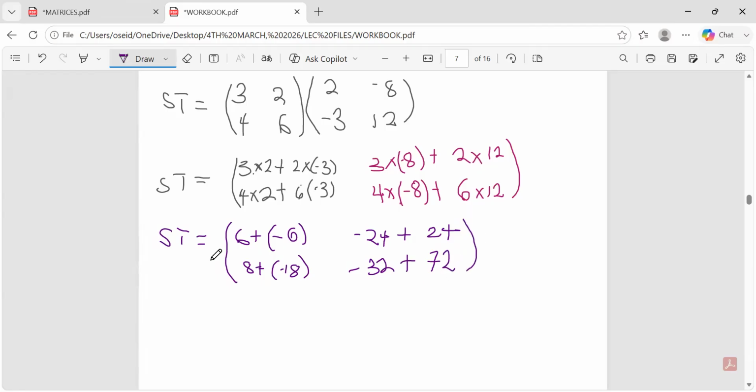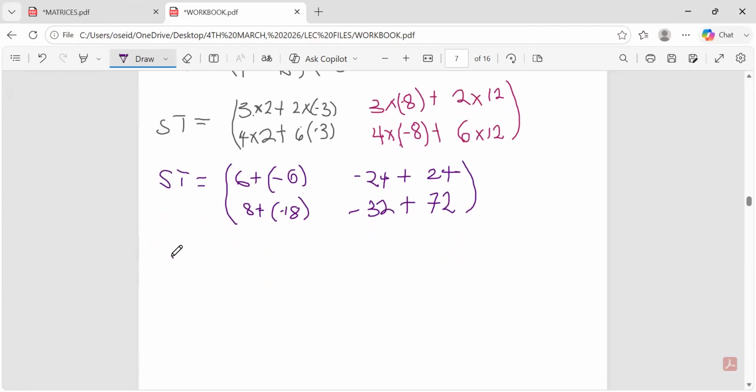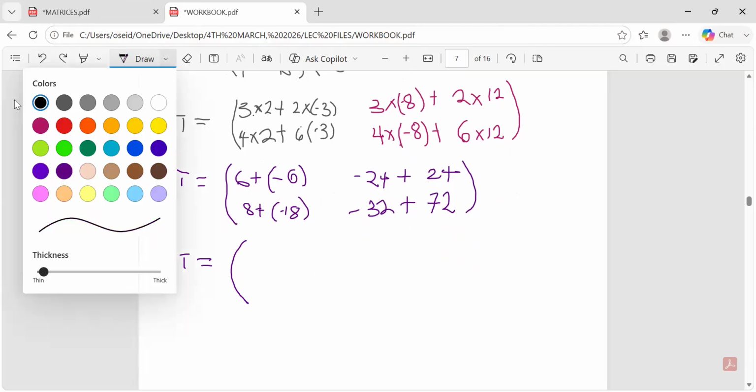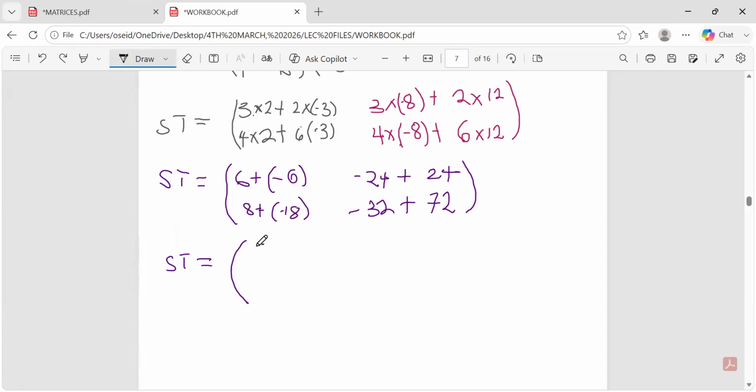Good. Now let's do our addition and subtraction. ST equals to 6 minus 6 will give us 0. Or let's change our pen's ink to make it look more attractive. 0. Then 8 plus negative 18 will give us negative 10.